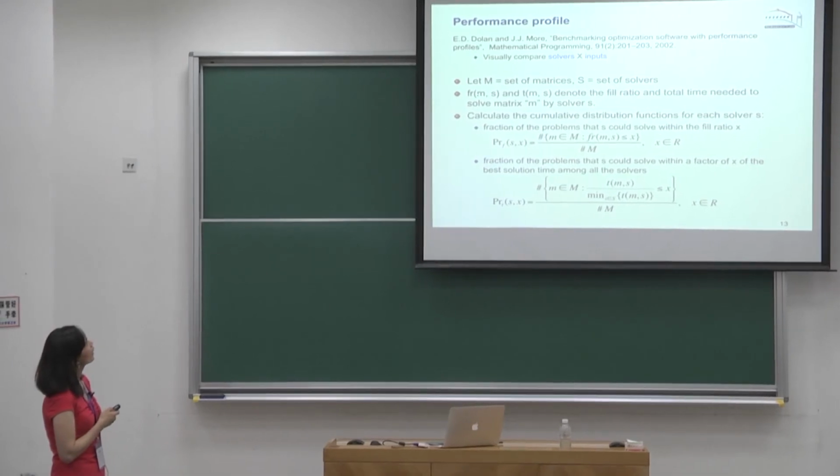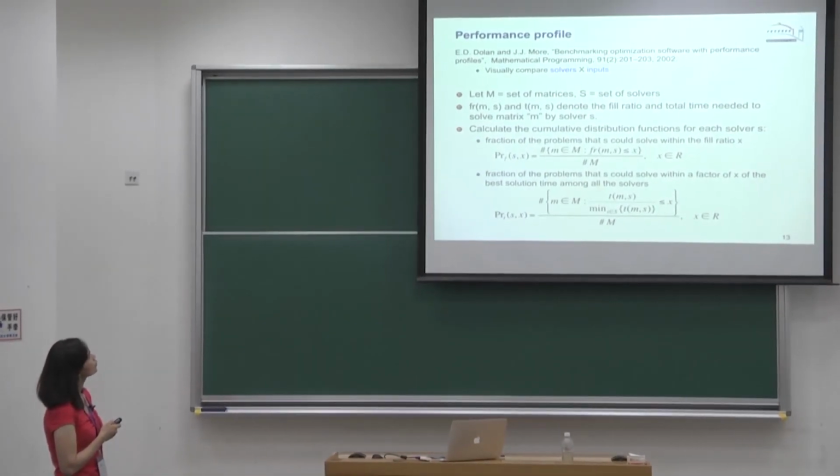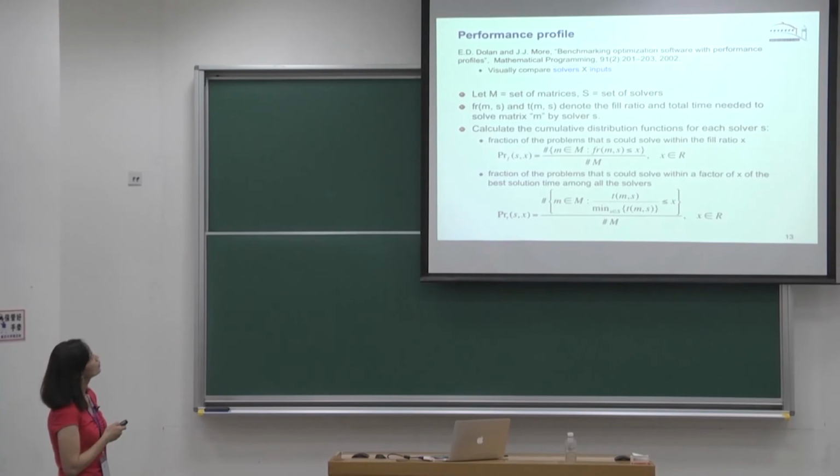And then I define the fill ratio and the time ratio. We denote the fill ratio and total time needed to solve matrix M by solver S. So for each matrix M and each solver, what's the fill ratio, what's the time? The performance profile looks at the cumulative distribution function for each solver S. There are two criteria.